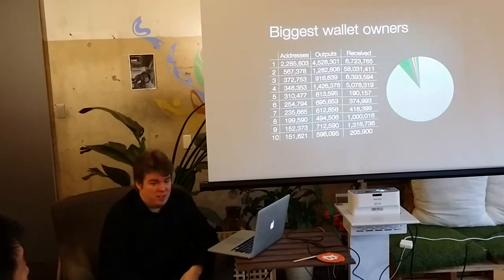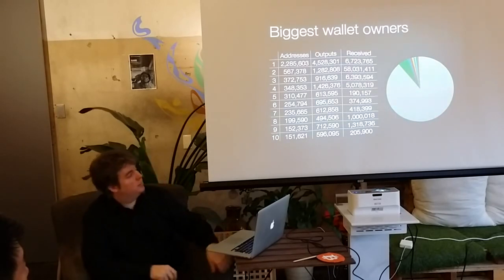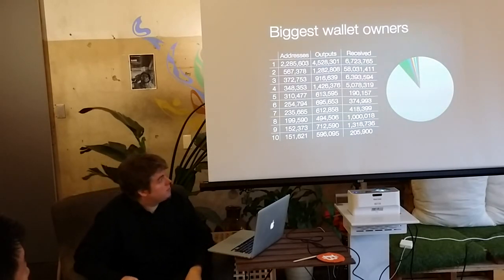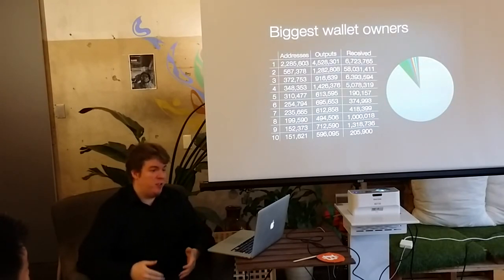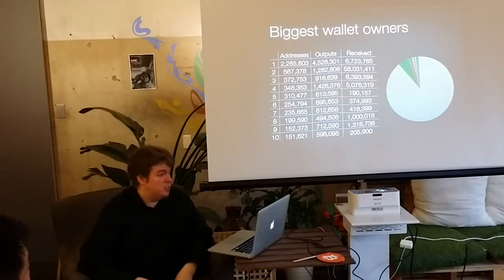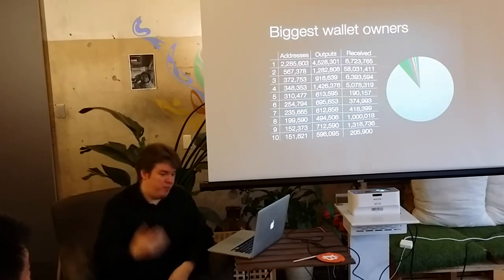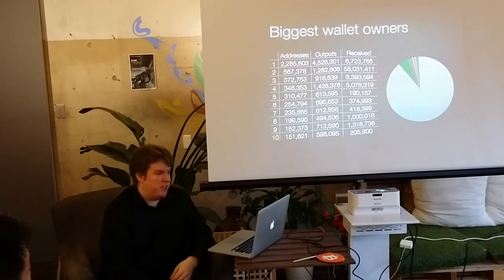That's what you can tell from it. So that last column is the total value of all outputs that have ever been made. Right, so that includes all the change wallets too. It's just the total flow of all bitcoins ever. I see. So it's not an accurate measure of holdings or anything. Sure, yeah.